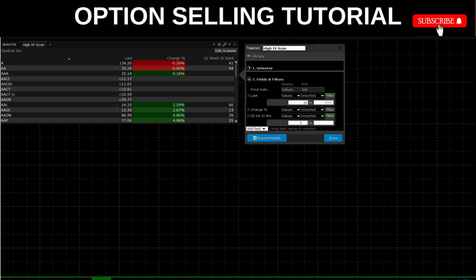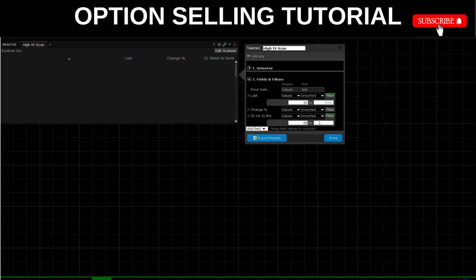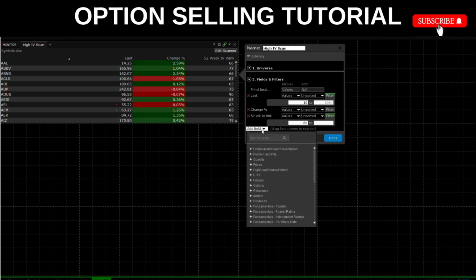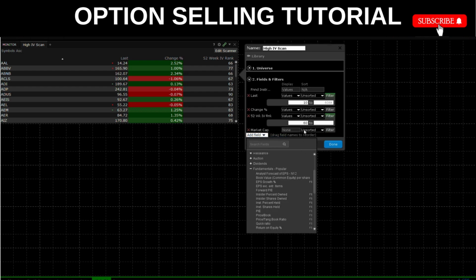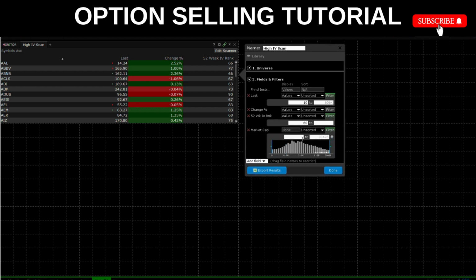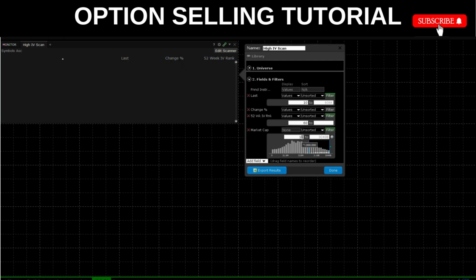When we say high implied volatility, let's filter from 60 to 100. We also need stocks that have a very good market cap, so that they are stable. I'll take a market cap of, say, 1 billion.